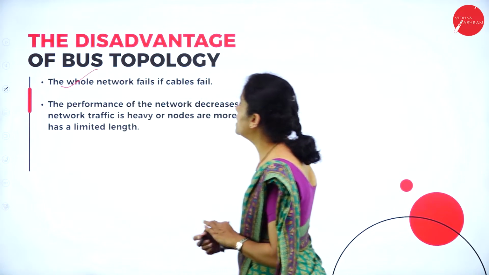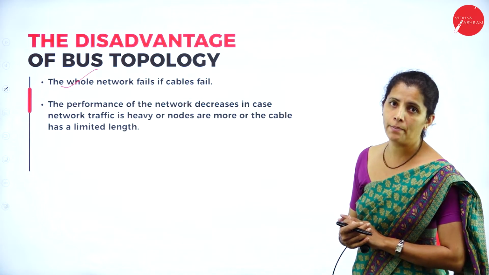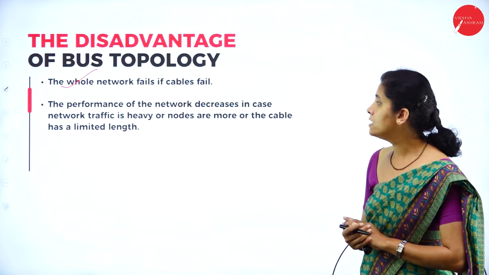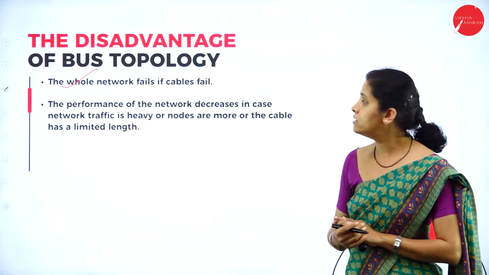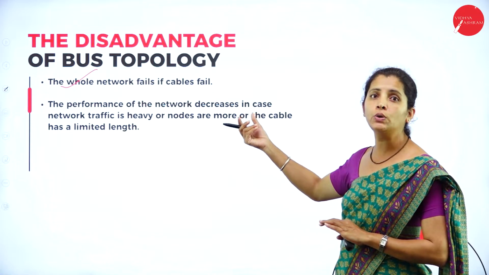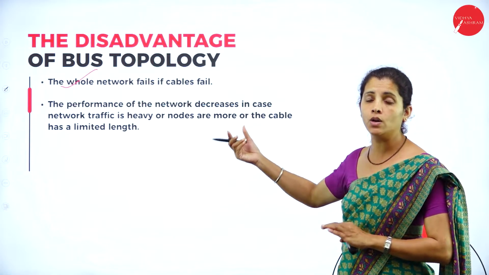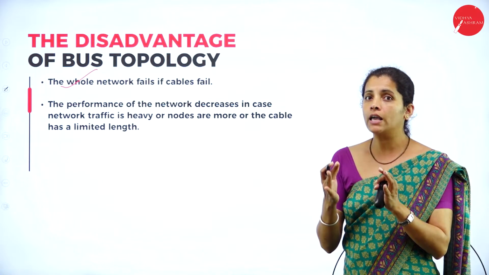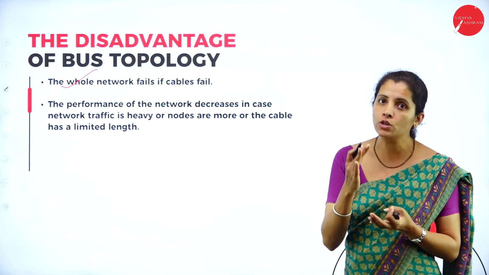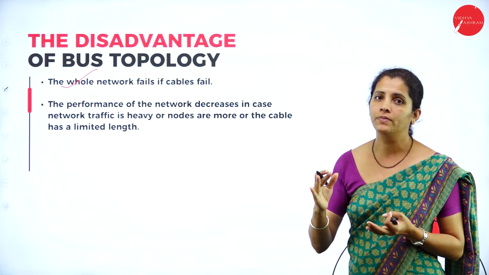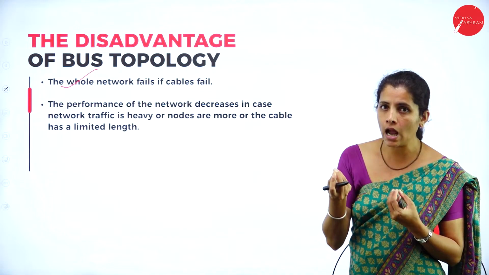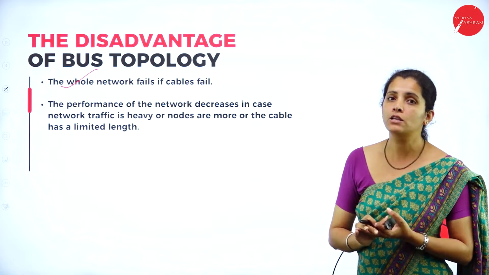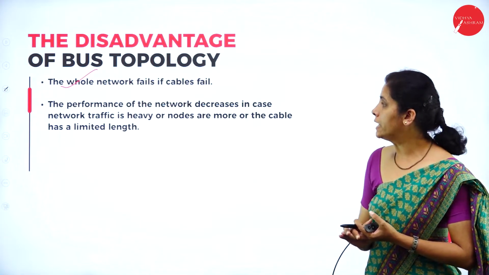The whole network fails if the cable fails, and the performance of the network decreases when we send much data, because the cable capacity is used by all the systems. So when we send more data, the performance of the bus topology decreases.